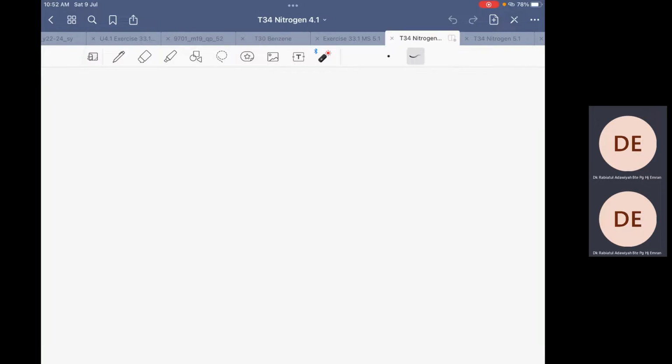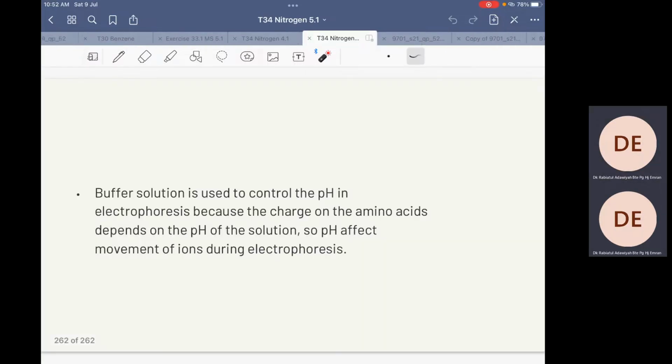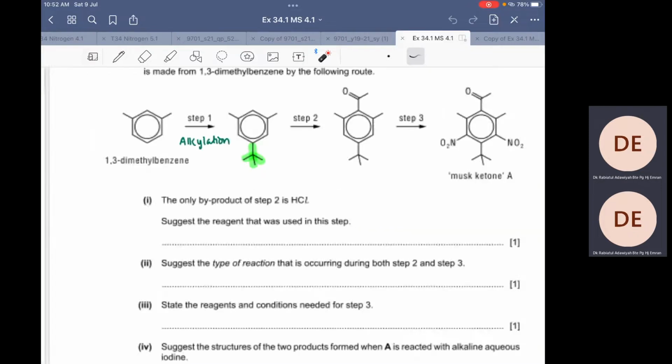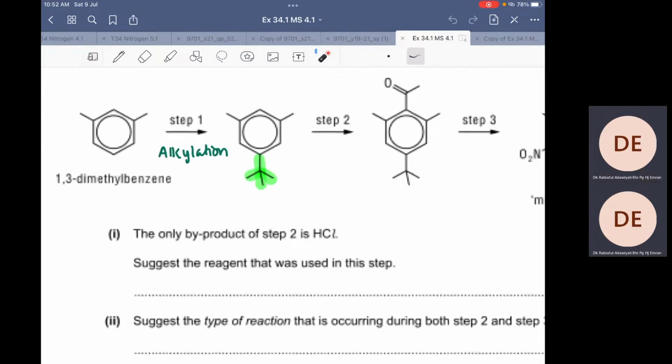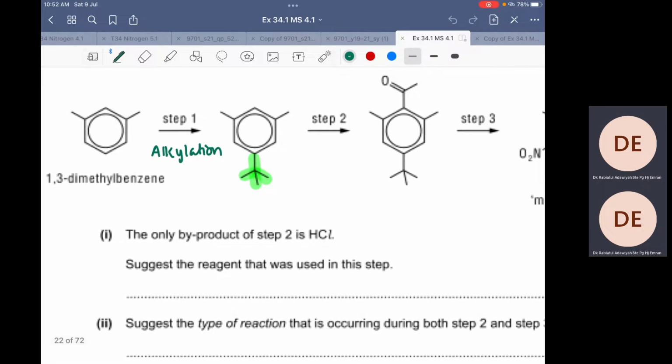So here, if I want to attach that chicken foot to the benzene ring, I need that group to be attached to chlorine as well.